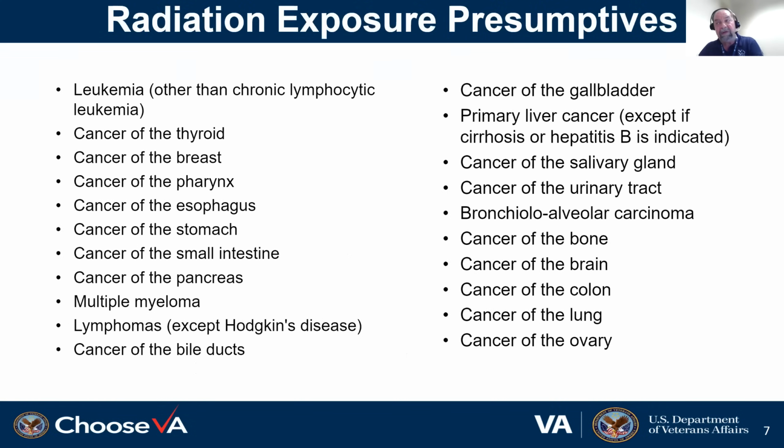Radiation exposure. Now, this occurred not only towards the end of World War II, but radiation exposure also took place during the years following World War II and all the way through the Korean War, where testing was being done in certain locations.